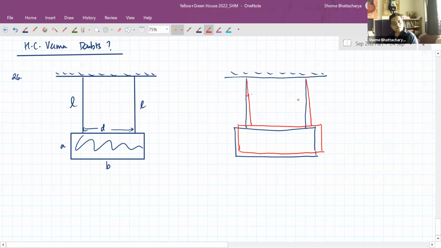So for small angle displacement, we can see that the center of mass has gone from this position to this kind of a position. So if we are able to show that the SHM condition is satisfied, we can find the time period of oscillation.